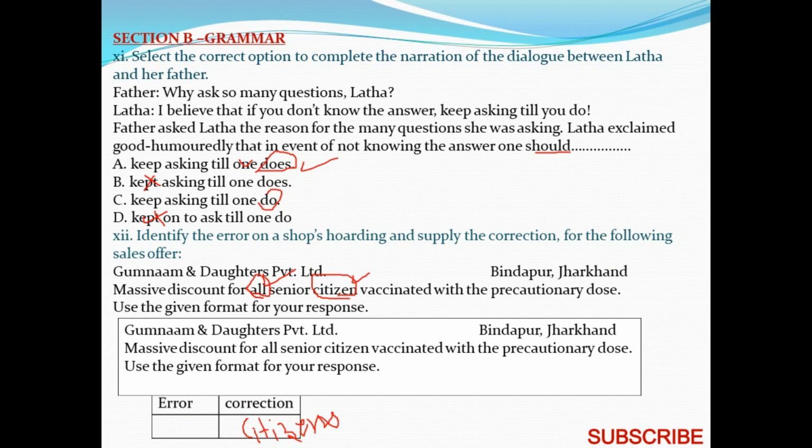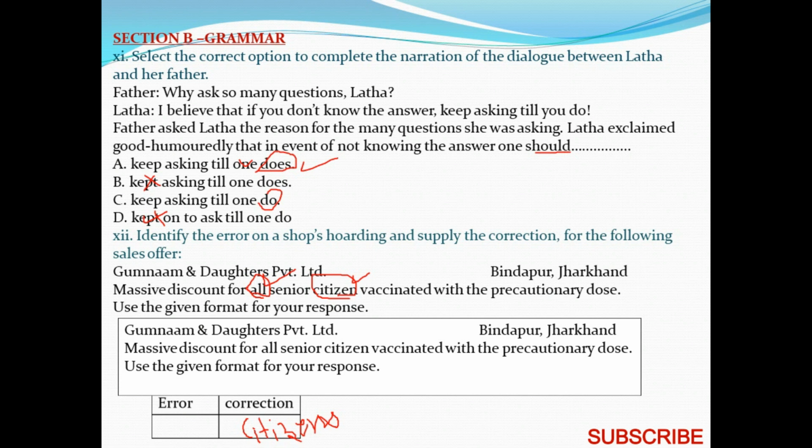Last question, 12th. Identify the error on a shop's hoarding and supply the correction for the following sales offer. Okay, Gumnam and Daughters Private Limited. It is from Vindapur, Jharkhand. Massive discount for all senior citizens vaccinated with the precautionary dose.